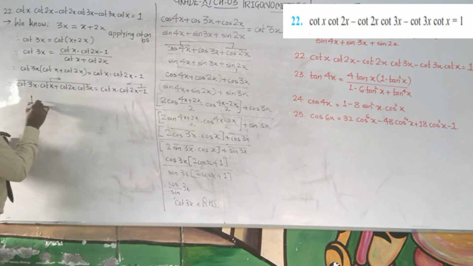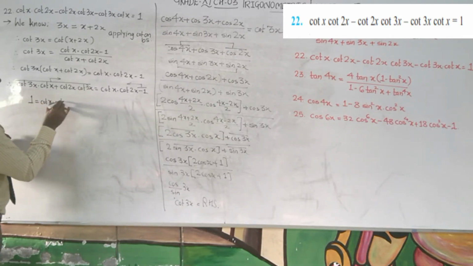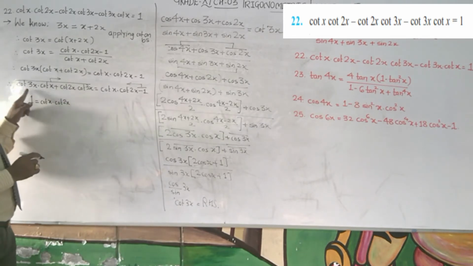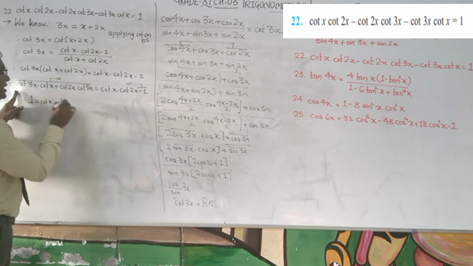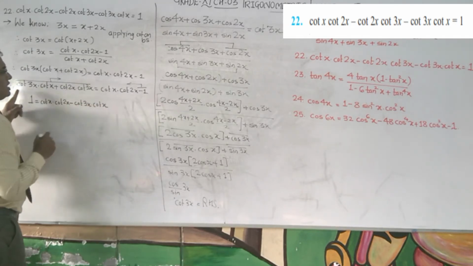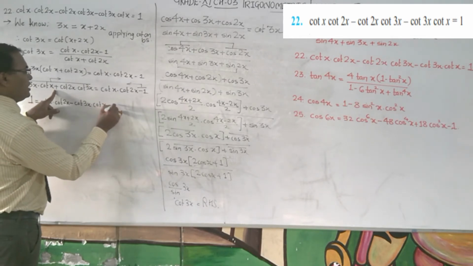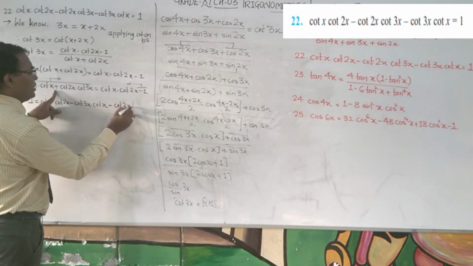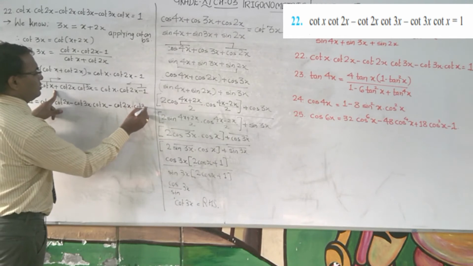And now this will become cot x into cot 2x. Now we are taking these two terms to that side, so this will become a negative term, that is cot 3x into cot x. This plus will also become negative, that is cot 2x into cot 3x.